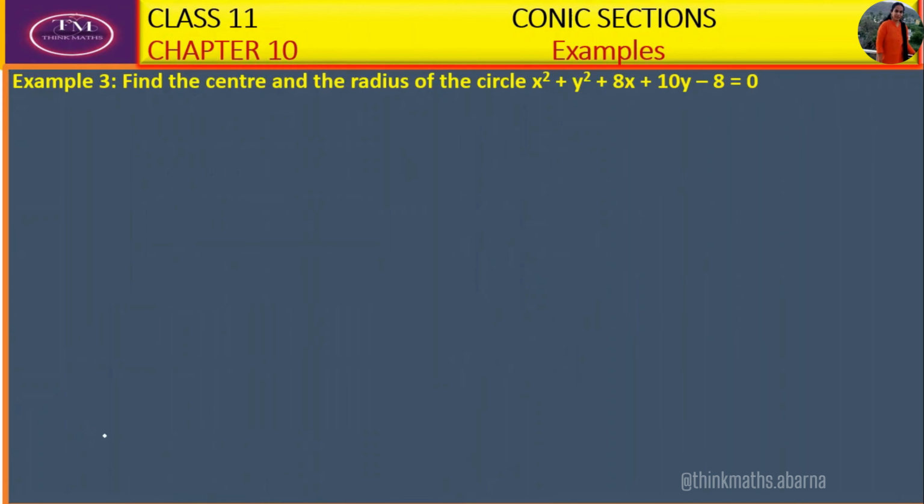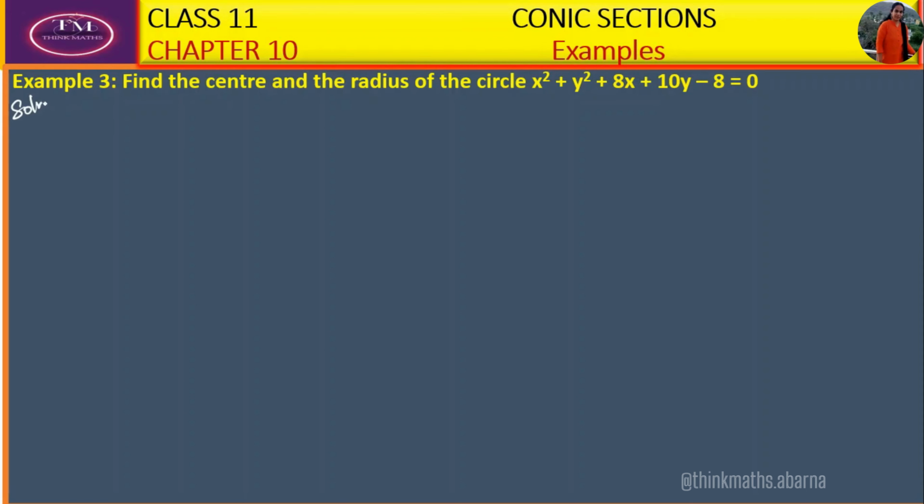Example 3. Find the center and radius of the circle x square plus y square plus 8x plus 10y minus 8 equal to 0. So we have to convert this equation of the circle to the general format, x minus h the whole square.